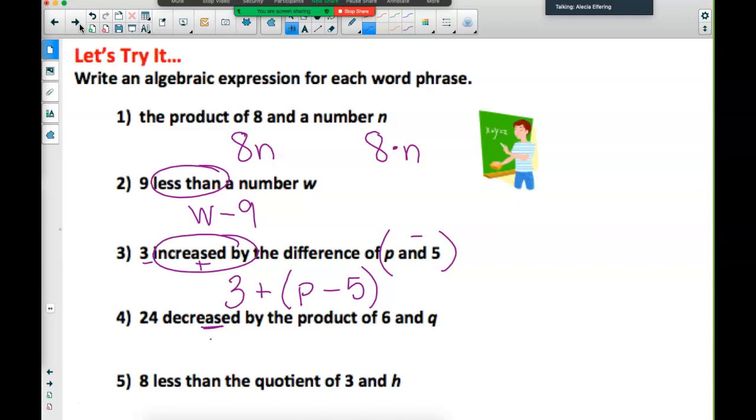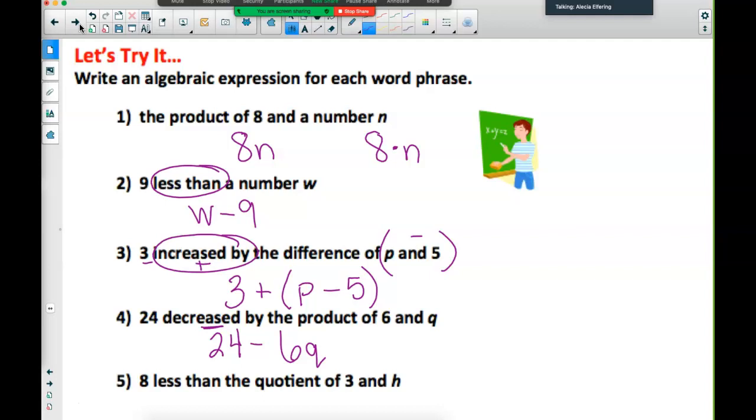So it's 24 minus what? 6 times p. 6 times p. You can just write 6p. You don't have to put a times sign between the 6 and the p, because that just means to multiply.